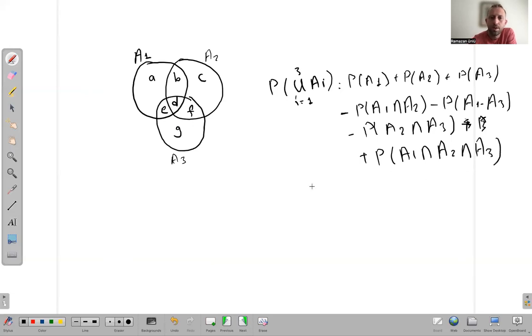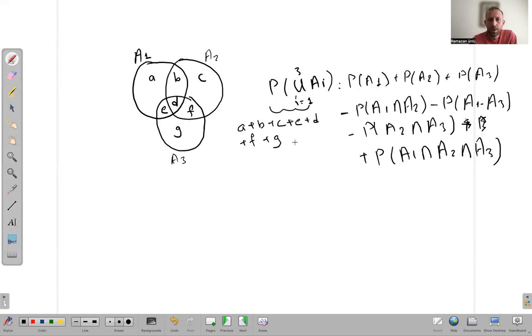Okay, so let me write this. The first one, the union, is A plus B plus C plus E plus D plus F plus G. So I should get exactly the same summation from this formulation.